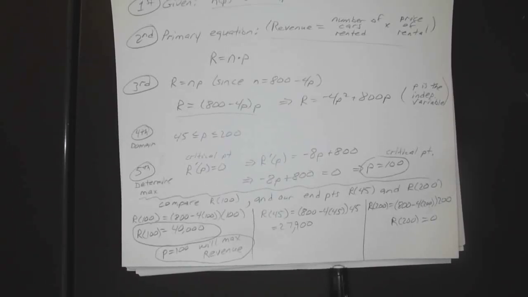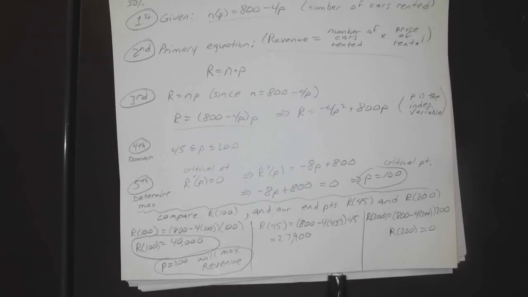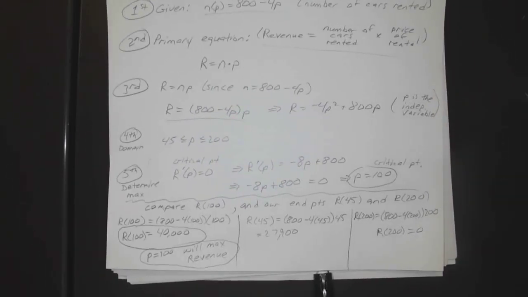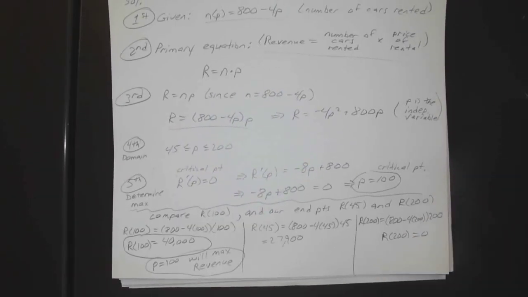Well, it has a meaning, but they just didn't tell us what it is. They gave us the 800 minus 4P, which is the equation for the number of cars, and 4P is the price.